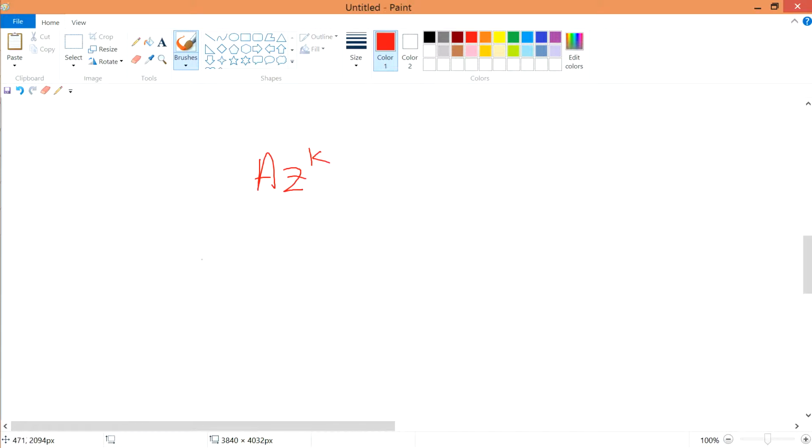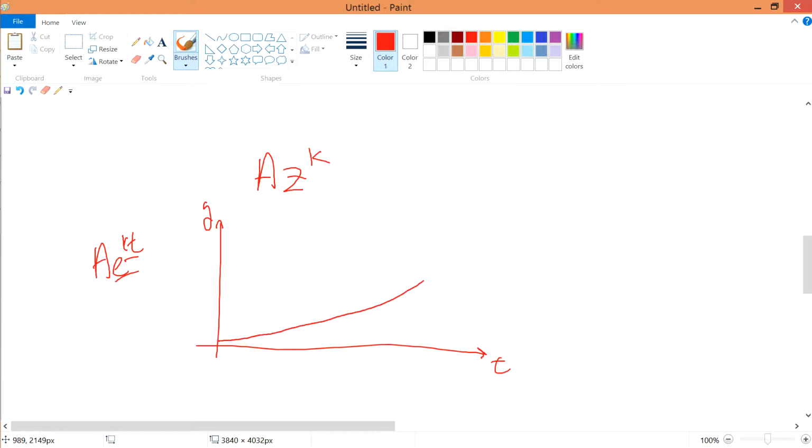In the time domain, for example, for the graph of t and a certain gain, there's always something like e^(kt). And e^(kt) means that you're going to exponentially grow. You can exponentially grow up or exponentially decay, depending on the value of k.